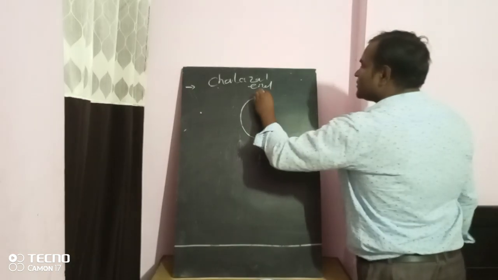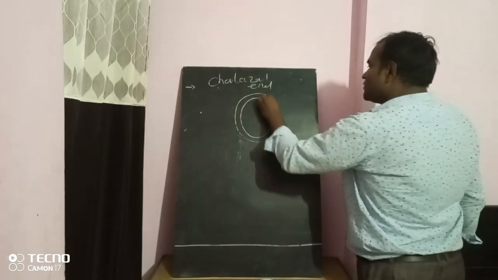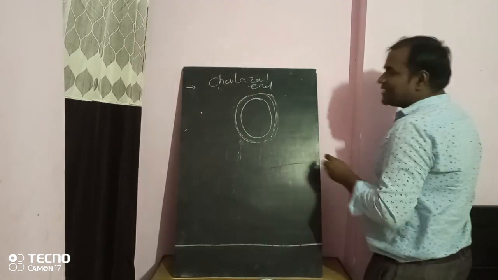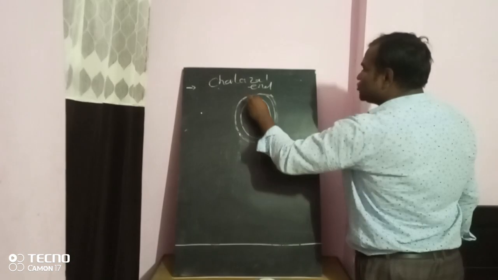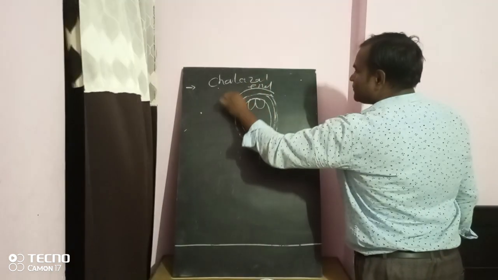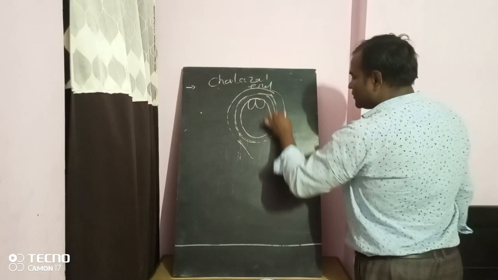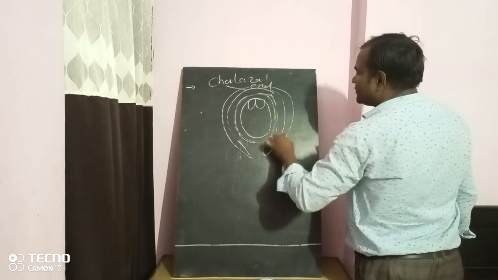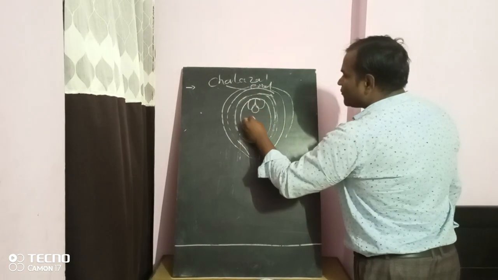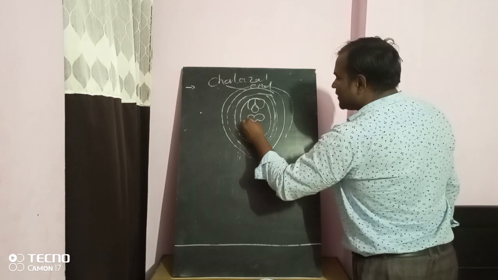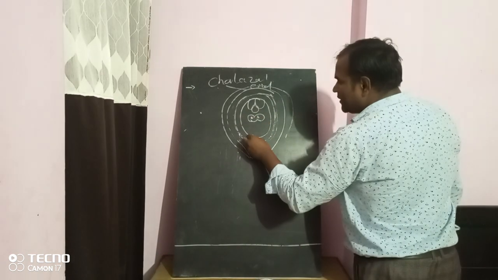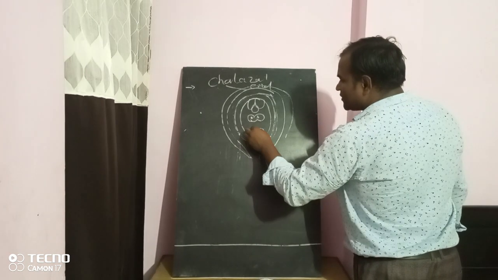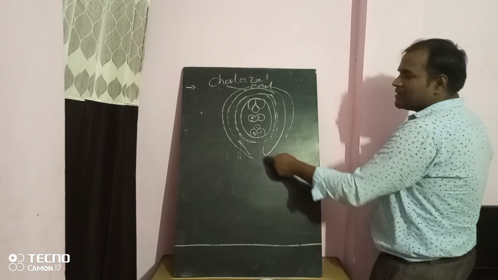This is the embryo sac, surrounded by the circular coat of the nucellus. Inside the embryo sac, there are three cells towards the chalazal end. This is the chalazal end. One cell in between, in the middle, has two nuclei, called the polar nuclei, and one set of three cells is present at the micropyle end.